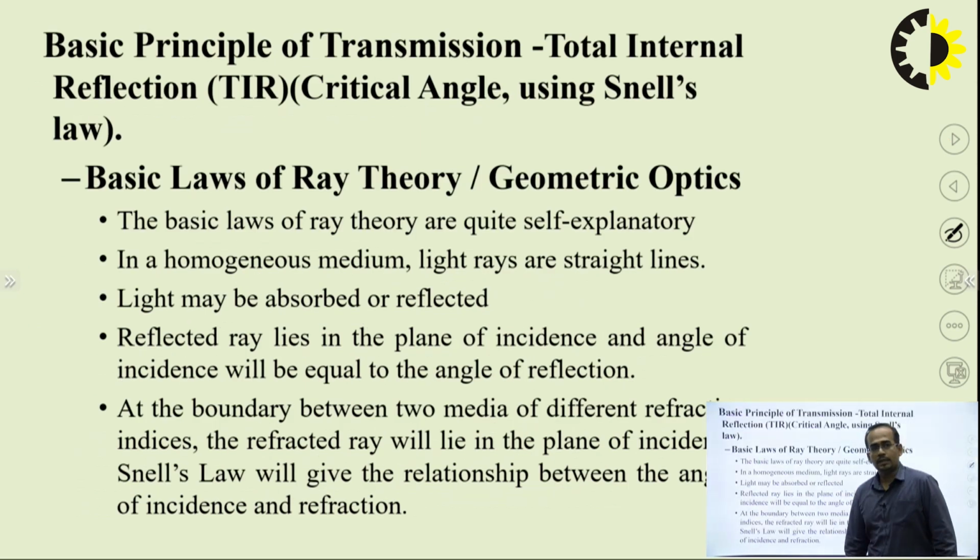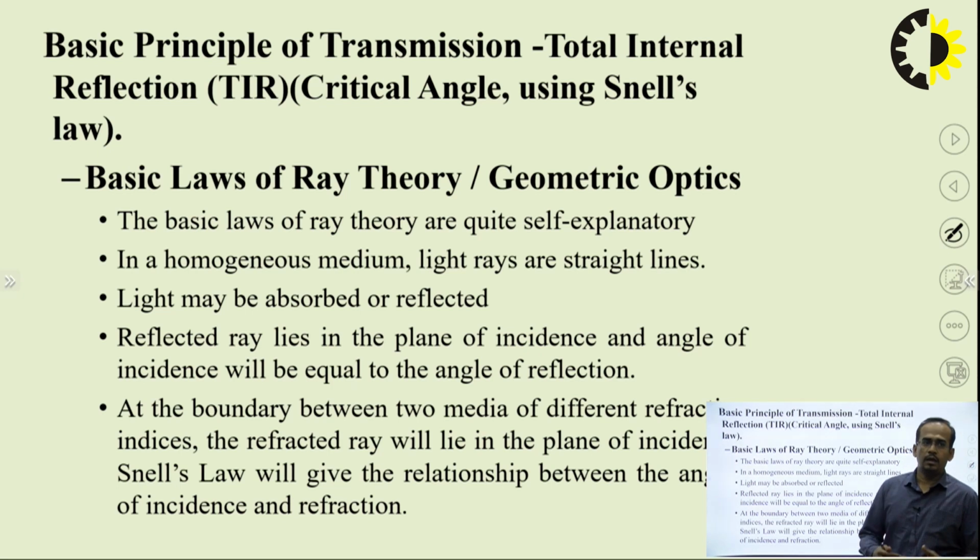Now, what is the basic principle of transmission, or what is total internal reflection? Because of total internal reflection, the light propagates inside the optical fiber, or you can say you can transmit the message through the optical fiber. What are the basic laws of ray theory?